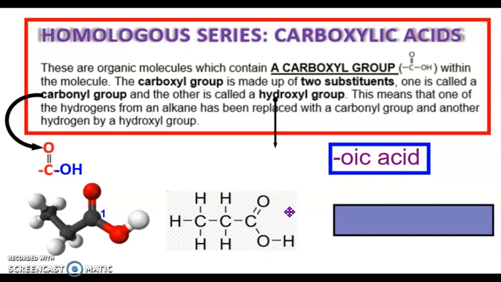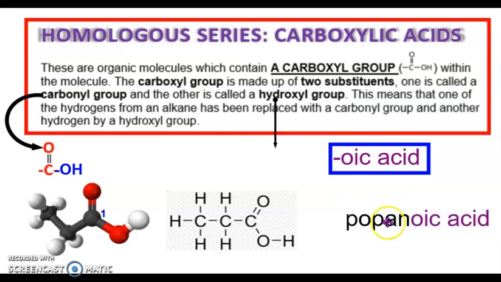But when we've got a carboxylic acid, because here we can see on the very last carbon, which we would make carbon 1, we have the carboxyl group, we replace the E in propane with oic acid. And so the name of this carboxylic acid is propanoic acid: propan because of the 3 carbons, and it ends in oic acid.